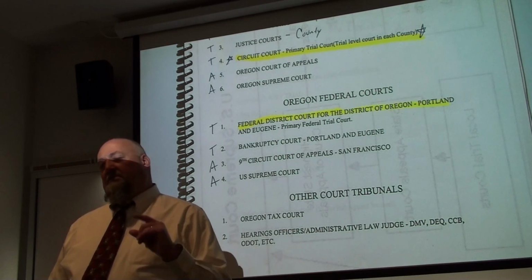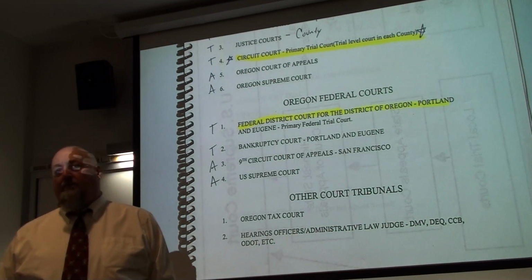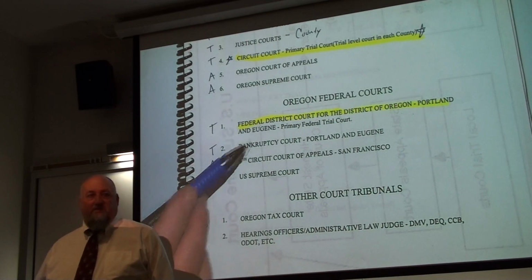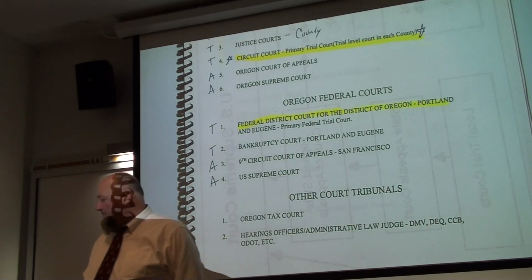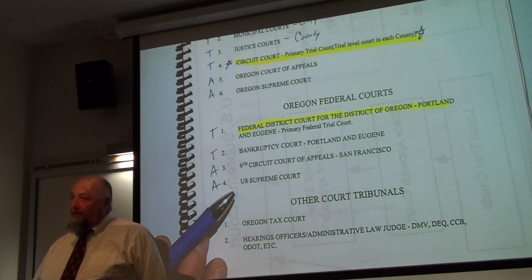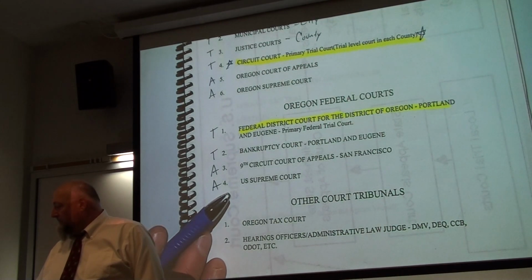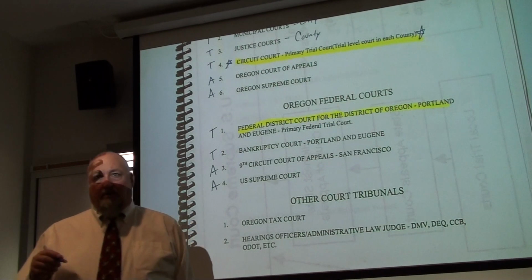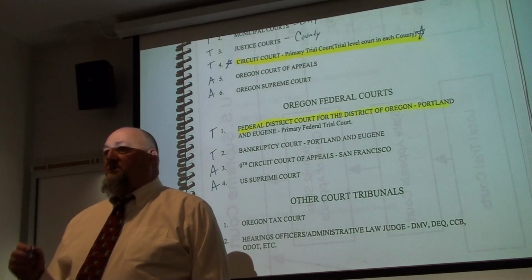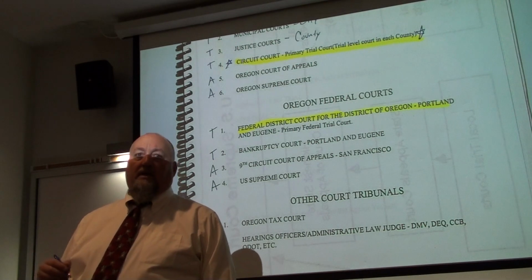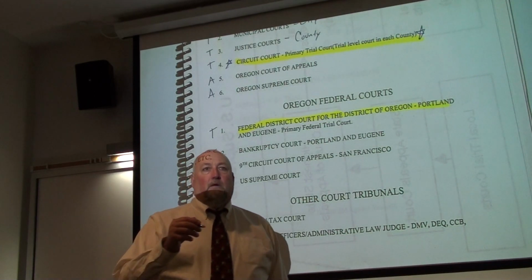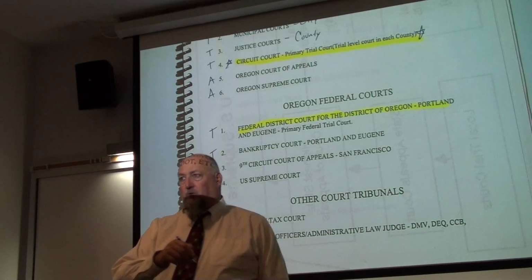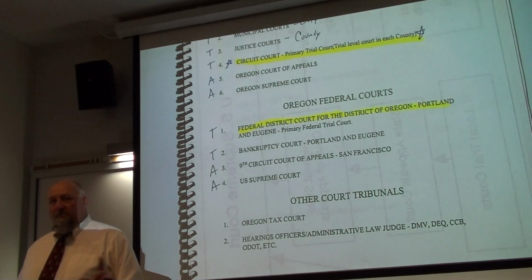I think they sometimes hold court in Bend as well, but I don't really practice in federal court, so I'm not super familiar with it, even though I am technically licensed. So what I want you to know is the federal district court in each state is the primary court. So if I'm going to file a lawsuit, I'm going to file it in the federal system in federal district court.